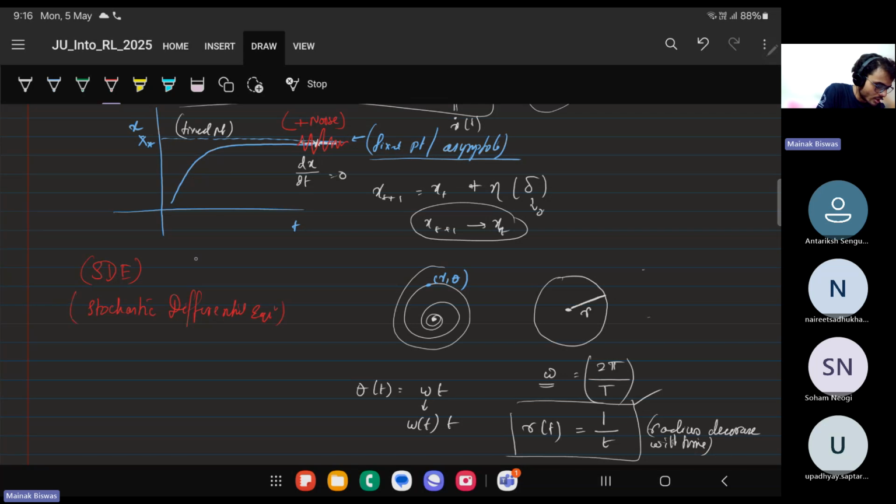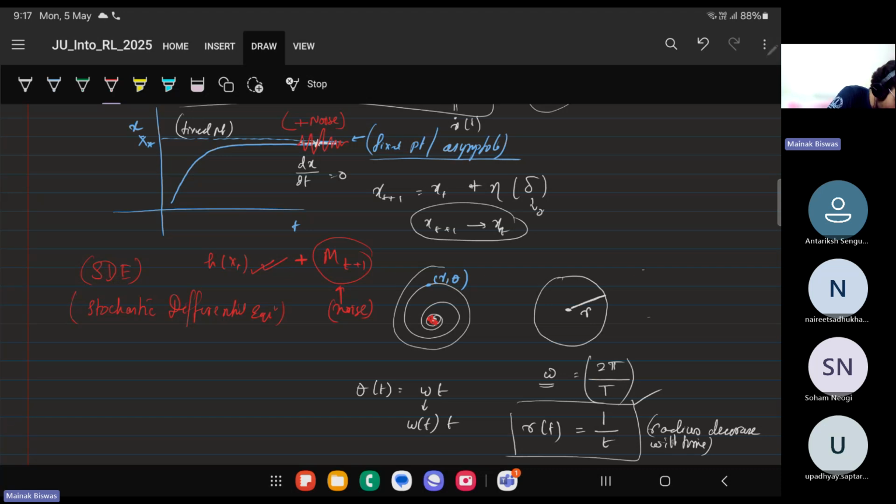Your ordinary differential equation h of x t is there, which is the derivative, but you cannot explain all of the derivative, so you add a noise term, m t plus 1. What does a noise term mean? It means that you will converge, but you will move around that point of convergence with some noisy effect.